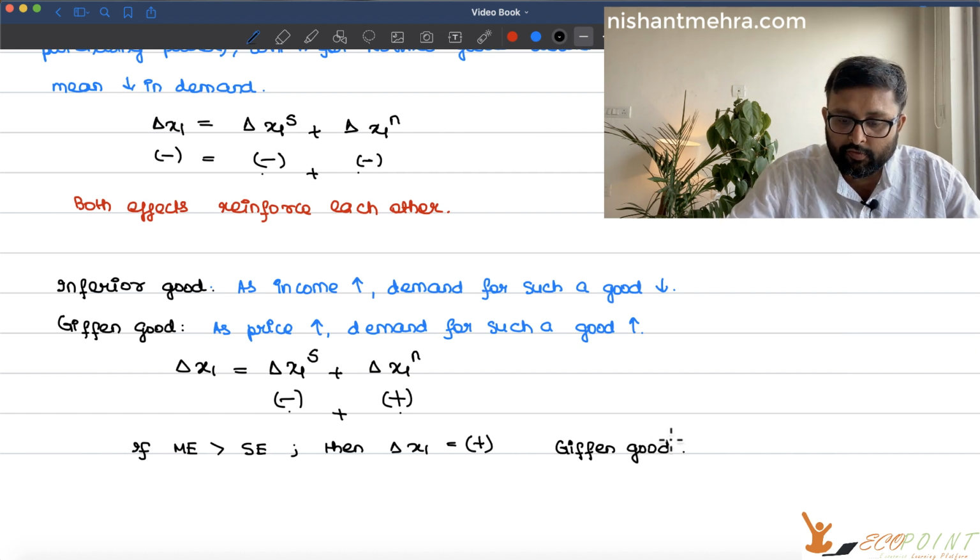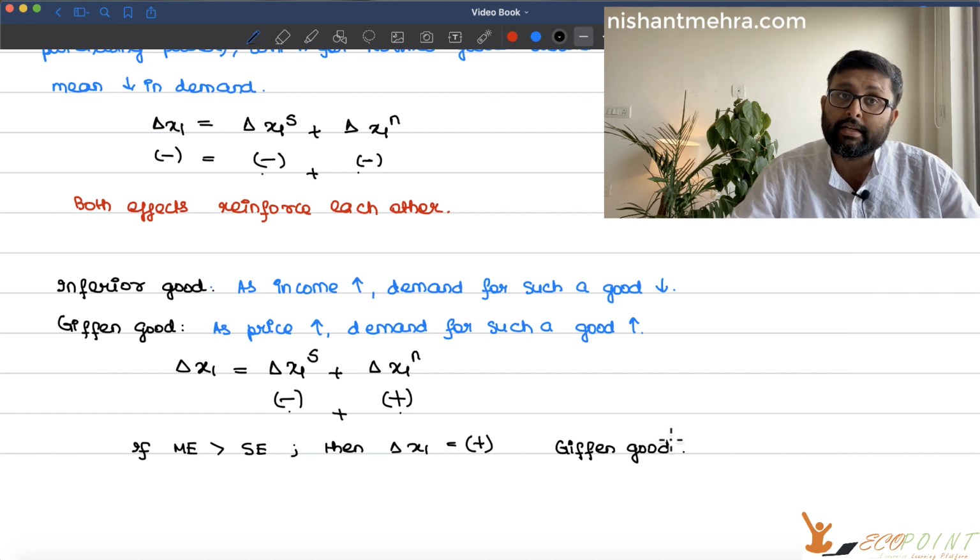This is the case of a Giffen good. An increase in price can result in an increase in demand.